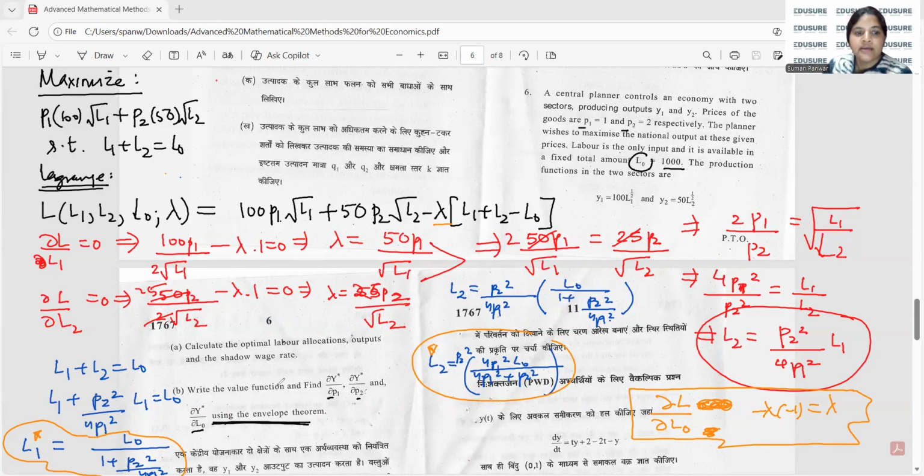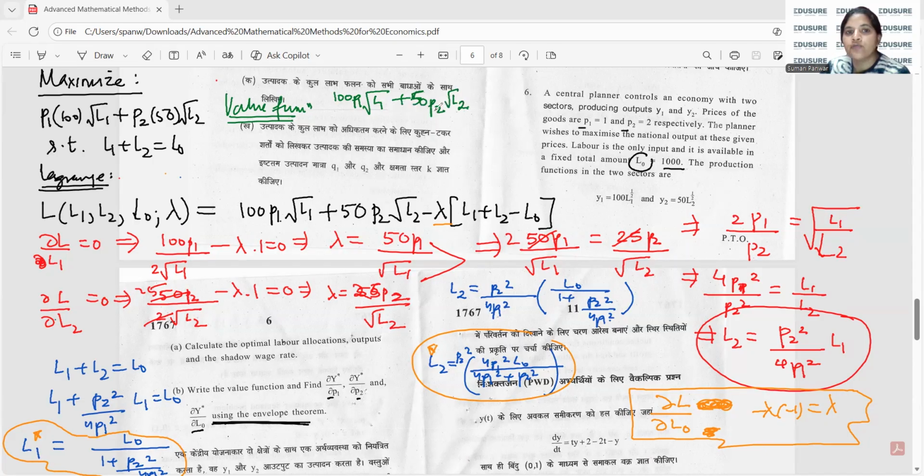So basically, then we have to write the value function. Eventually, what is my value function? My value function was 100 P1 root L1 plus 50 P2 root L2.